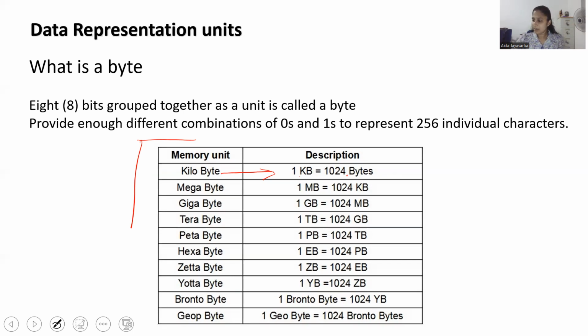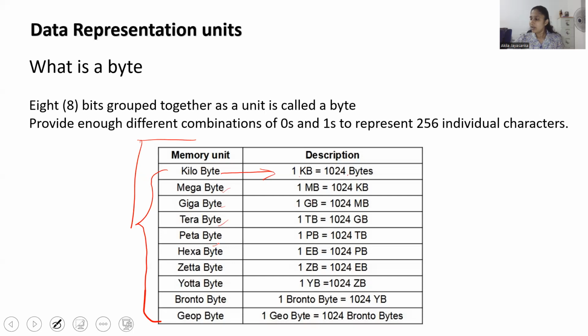We can represent memory units using these names. It can be kilobyte, megabyte, gigabyte, terabyte, petabyte, likewise up to geobyte, we can represent memory unit capacity.